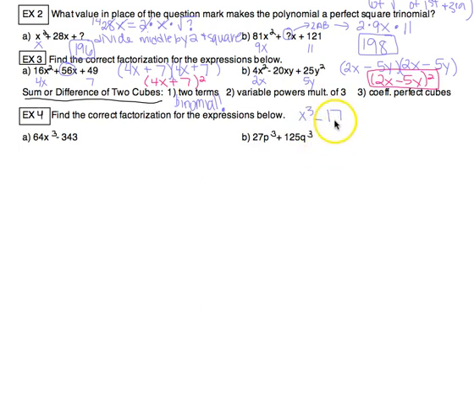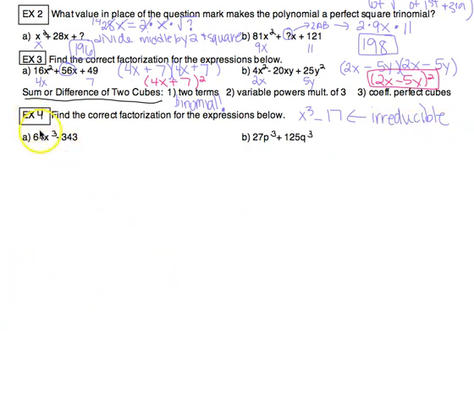Well, 17 is not a perfect cube. X cubed is, but this is not. And it's not a perfect square either, and it doesn't factor via any of the other methods that we've used. So what they call these is irreducible.